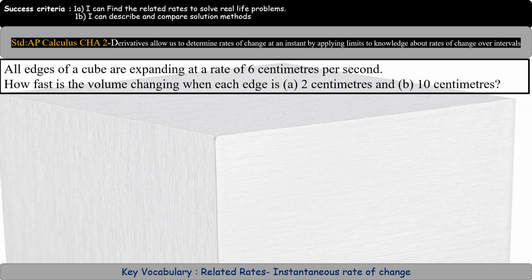Let's try to solve one more question. All edges of a cube are expanding. So here the shape given is a cube. Expanding means something is changing at a rate, and the edges, meaning sides, have a rate of change ds by dt given as 6 centimeter per second.